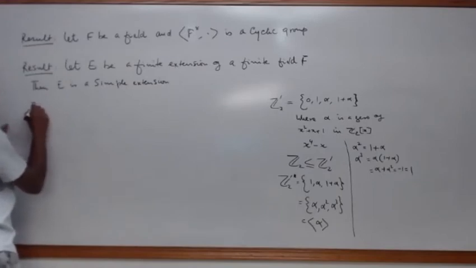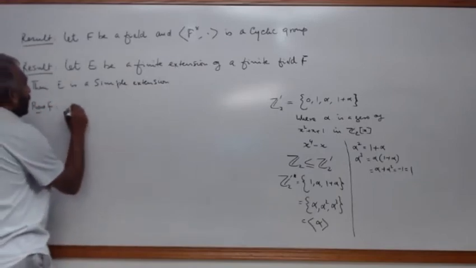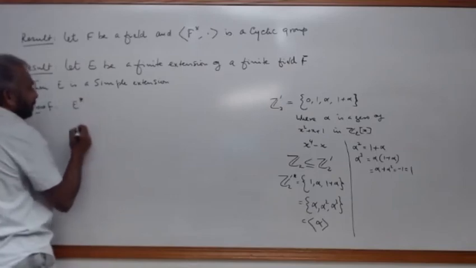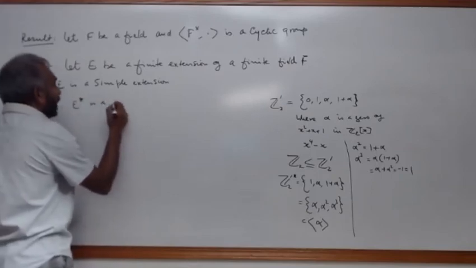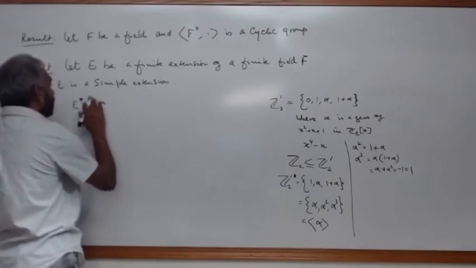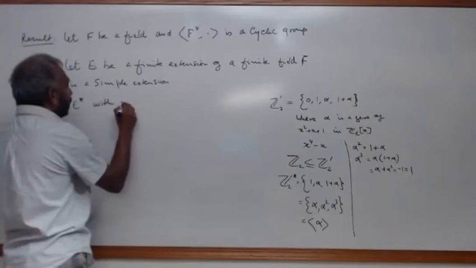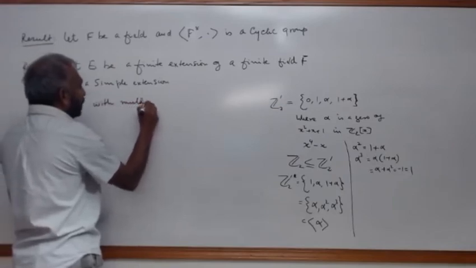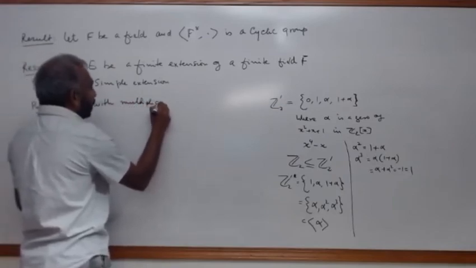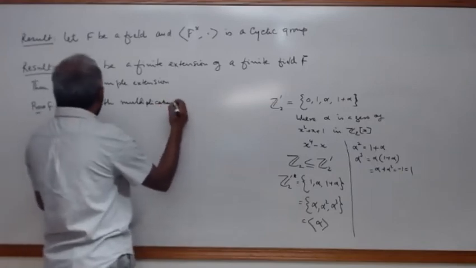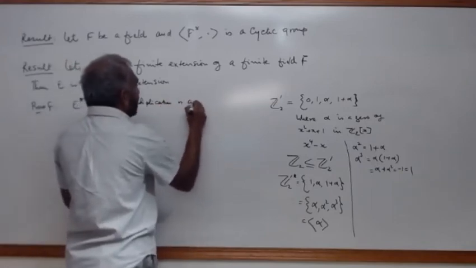The reason is E star, with the multiplication, is a cyclic group.